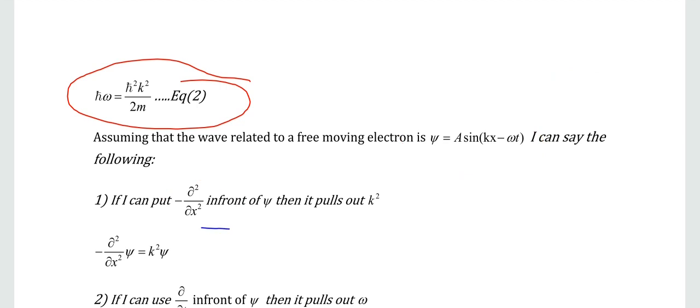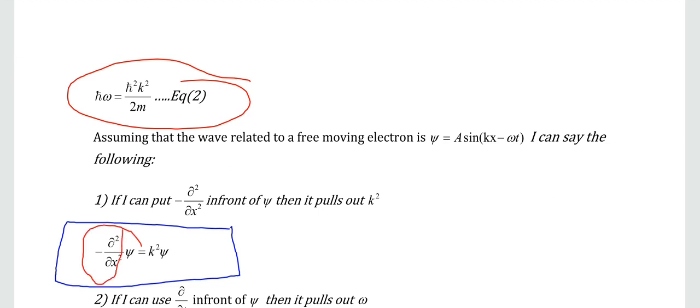It says that if psi has the information of k, then the only way to bring k out of psi is to apply this second order derivative on psi, and you get the information of k. You can see it from this equation. Very happy, point number 1 is done.